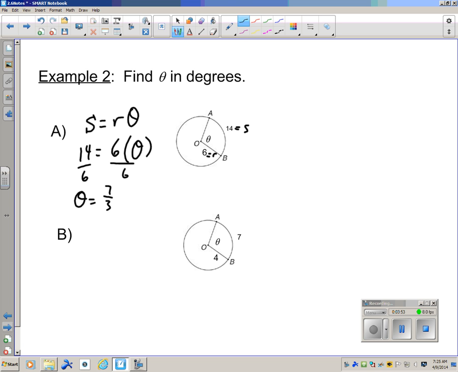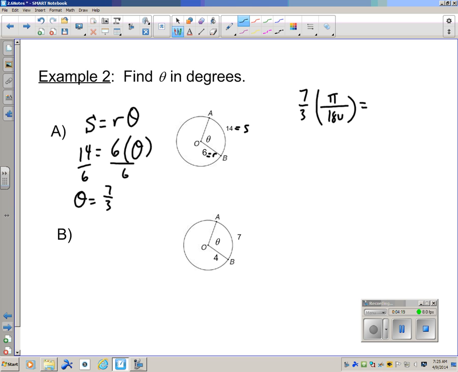Now I've got to convert 7/3 into degrees, because it says up there that you want it in degrees. So this is converting this here. 180 is going to come down here, and we want pi up here, so then we can simply multiply across.